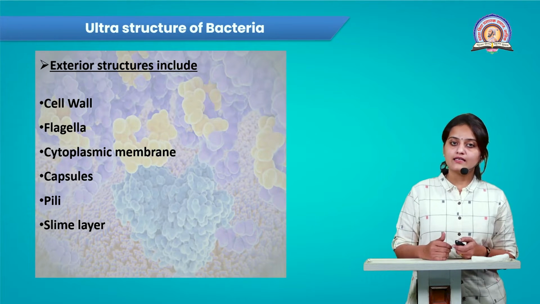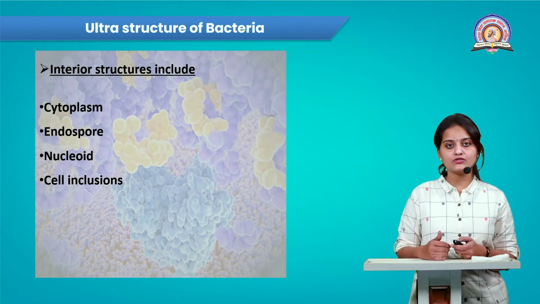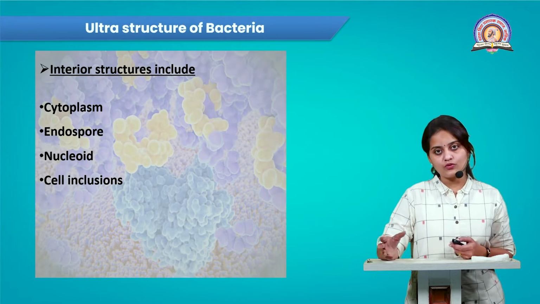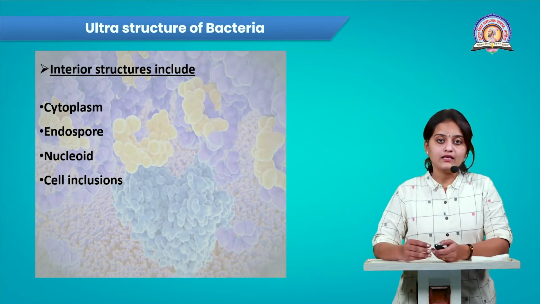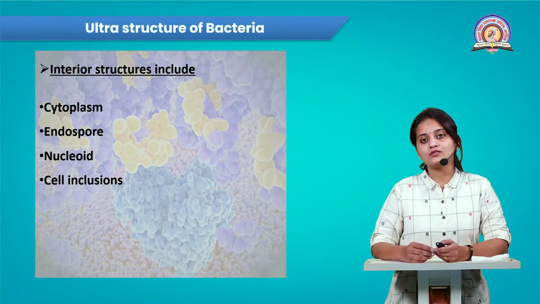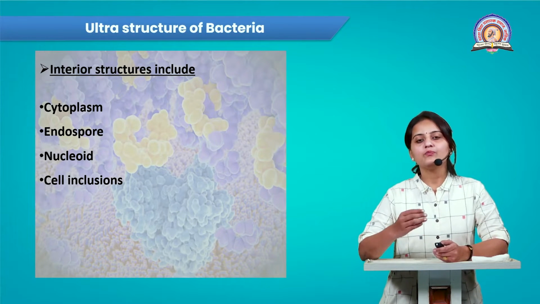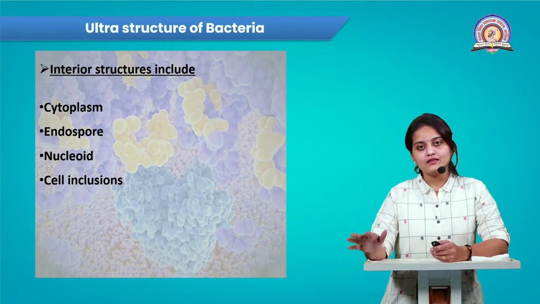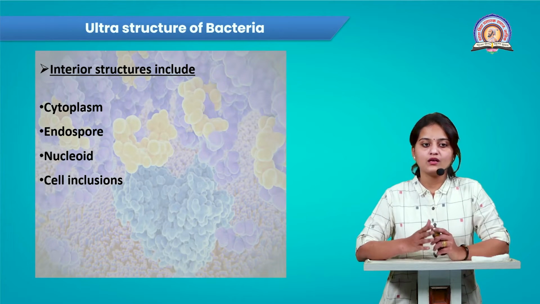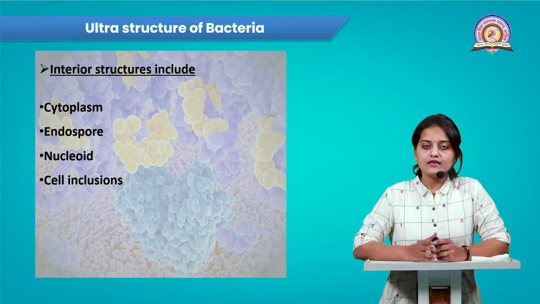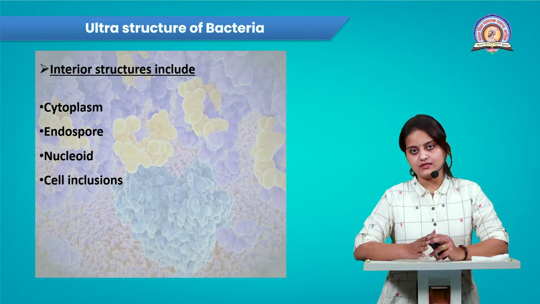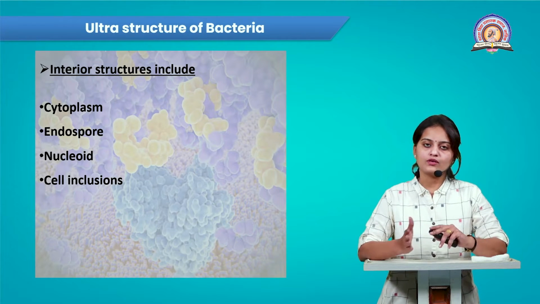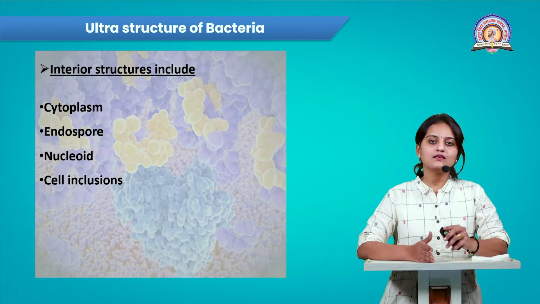The interior structure of bacteria may include the cytoplasm, endospore, nucleoids and cell inclusions. Cell inclusions means the organelles which are present in the cytoplasm. That comes under the interior structure of the bacteria. Today we are going to focus on the exterior structure and the cell wall.